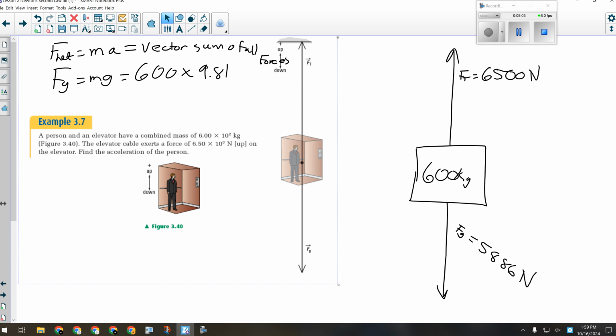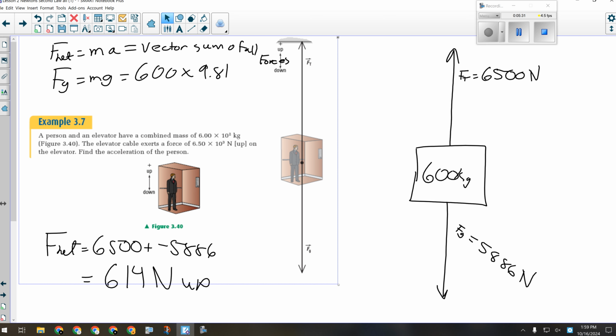Okay, so when I calculate the net force in this question, that's going to be 6,500 newtons plus negative 5,886 newtons. It does, after all, say the vector sum. Obviously, most of the time you would just subtract those numbers because that makes more sense. Okay, so when we do that, we're going to get 614 newtons up. Okay, what does the question want?